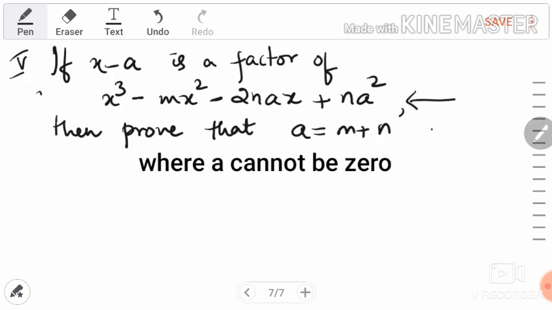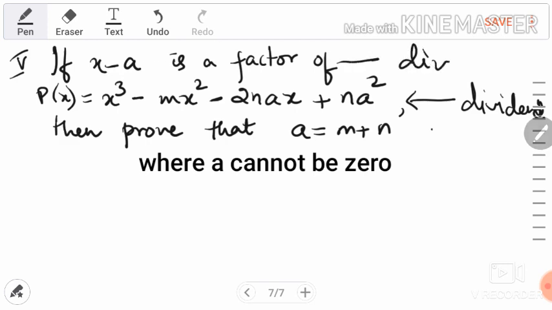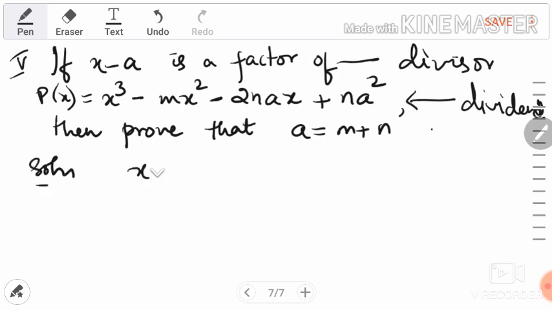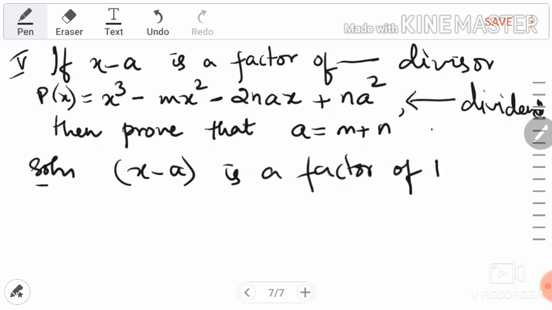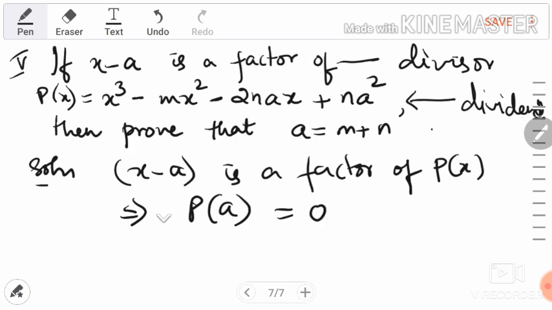P of x is the dividend and x minus a is the divisor. So it's given that x minus a is a factor of p of x. So this implies p of a should be equal to 0.